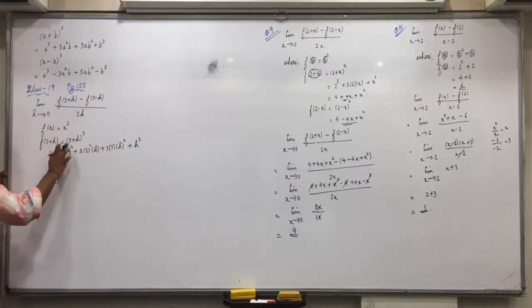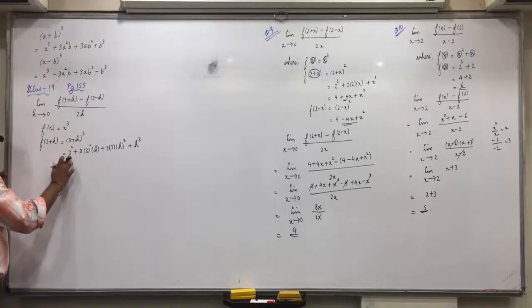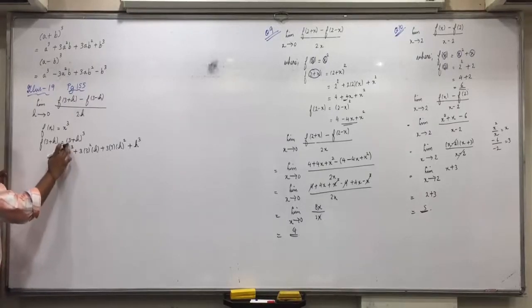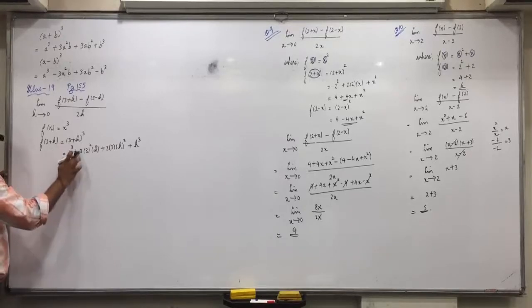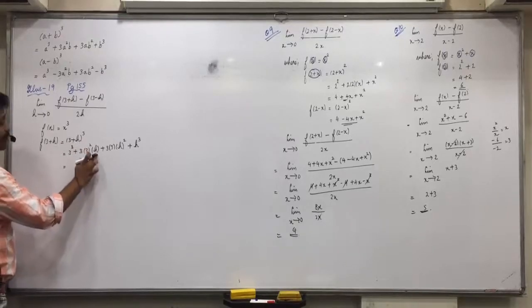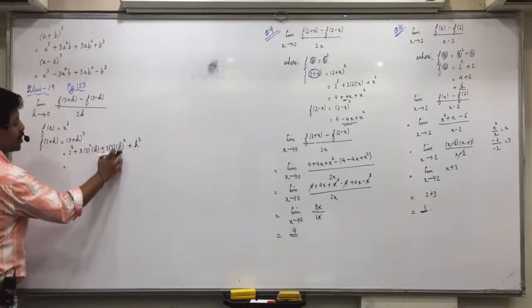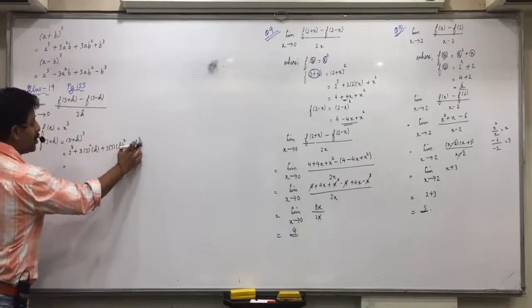I repeat it: a cube plus 3a square b plus 3a b square plus b cube.